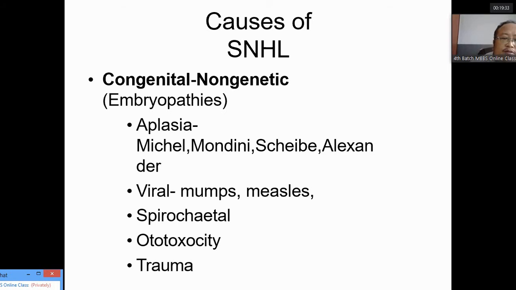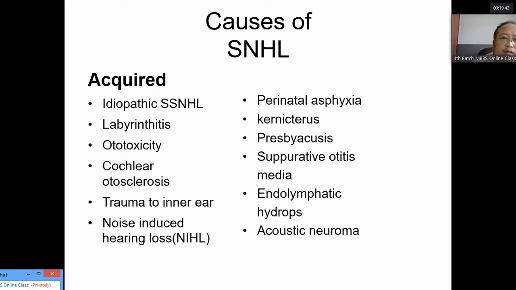The viral infections, mumps and measles, may also be causes of sensorineural loss, as well as ototoxicity and trauma. In case of acquired: labyrinthitis, ototoxicity, trauma to the inner ear, noise-induced hearing loss, and idiopathic sensorineural hearing loss are some of the most discussed, common, and preventable or manageable acquired causes of sensorineural hearing loss.